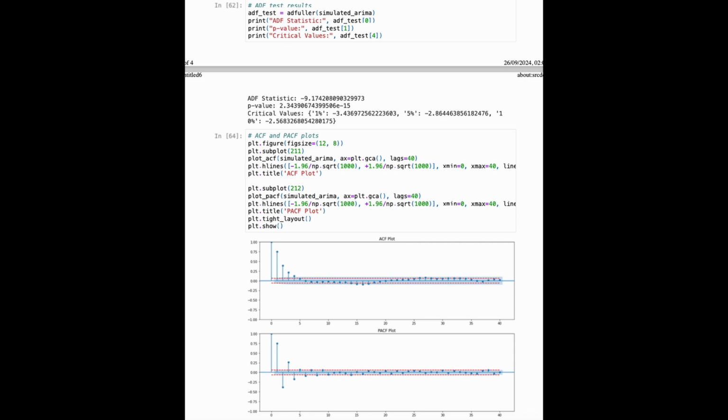Now we move on to the autocorrelation and partial autocorrelation analysis. To further investigate the characteristics of the time series, we plot the autocorrelation function (ACF) and partial autocorrelation function (PACF). These plots help us understand how the data are correlated at different lags.